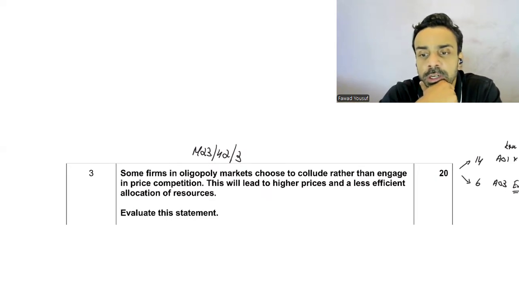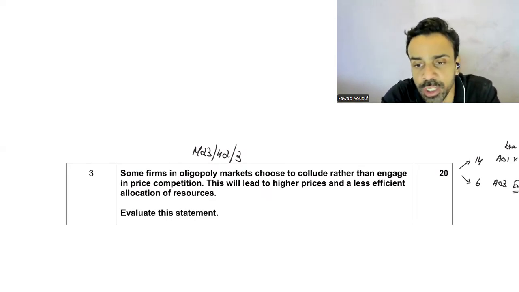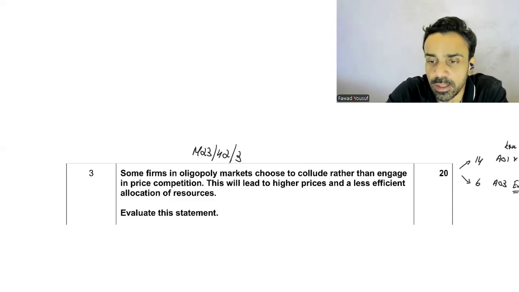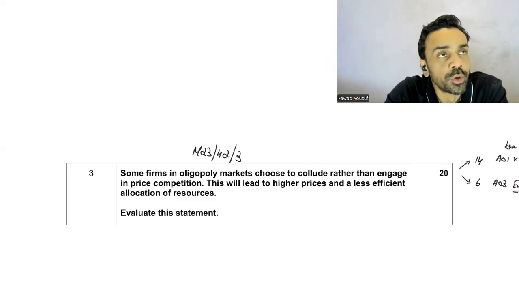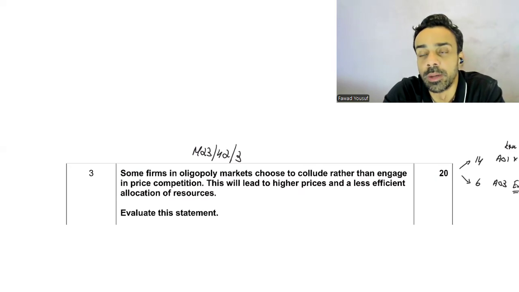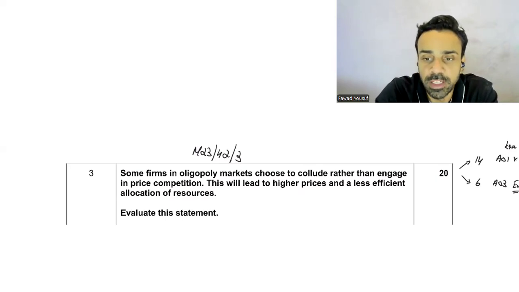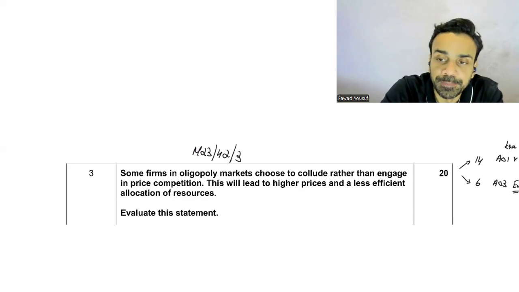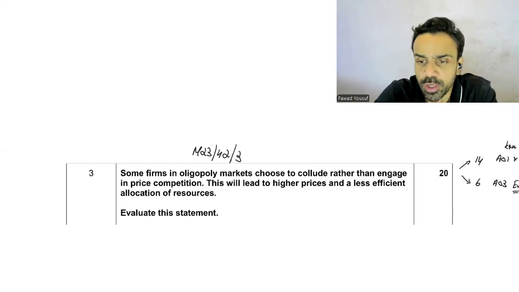Then we want to talk about collusion versus compete. Under collusion we can deal with a couple of things, including the cartel model and the price leadership model. And if they compete, then the kinked demand curve model comes in. Okay? So do they collude or compete, versus them going into a price competition. When we talk about price competition, obviously we want to talk about all those things where firms' pricing comes under competition, which could include a price war.